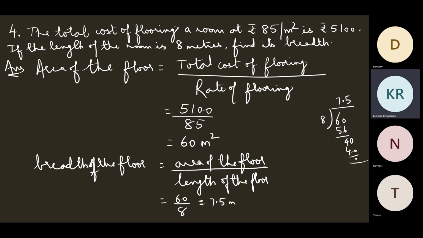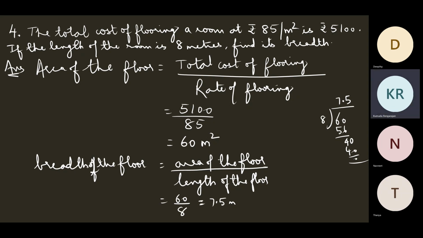But supposing it's about fencing, they've given you the rate of fencing and the total cost of fencing. Fencing is along the boundary. So there, when you divide the total cost by rate, you will get the length of the fence, which is the perimeter of the field or the rectangle.